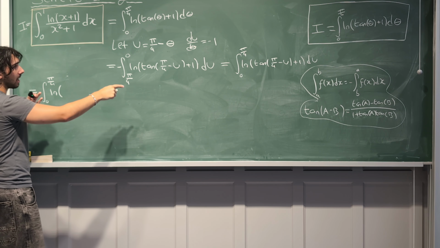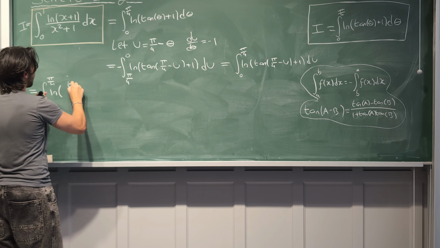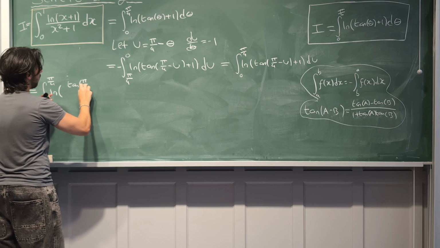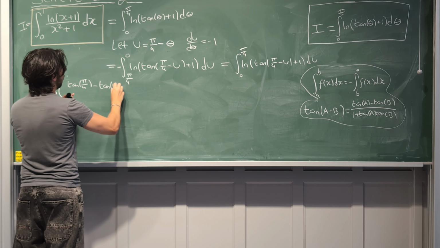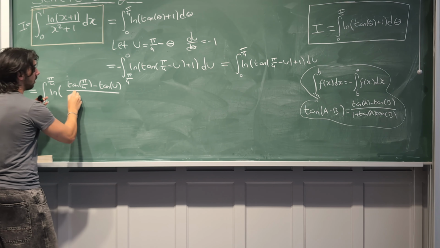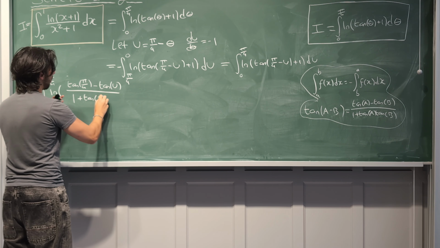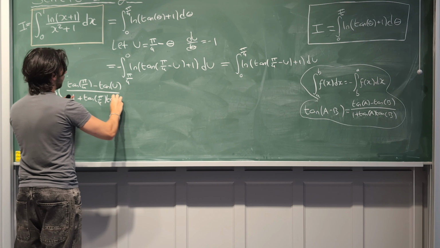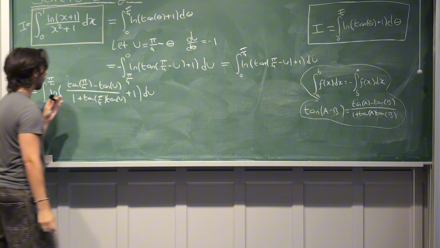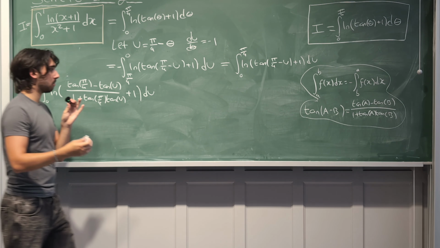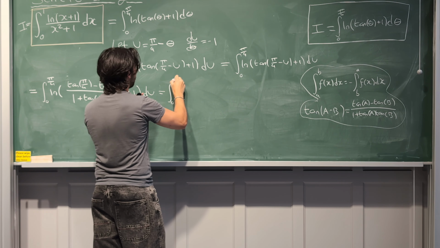So instead of writing tan of pi over 4 minus u, I can write tan of pi over 4 minus tan of u over 1 plus tan of pi over 4 times tan u. And remember, there's still a plus 1 there. So plus 1 du like that. You might be thinking, oh my God, you're making it so much more complicated, but you will see where the magic comes, guys. You will see.